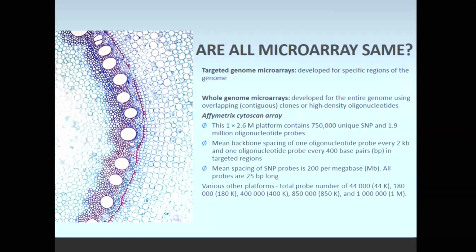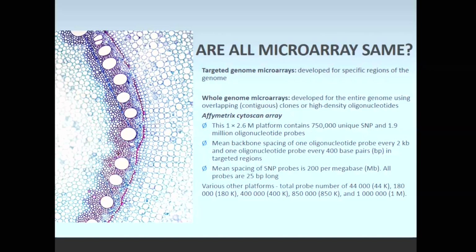So are all microarrays the same? No. There can be some targeted microarrays also. These are developed for specific regions of the genome where we know that copy number variation is reported to be pathogenic or likely pathogenic. And there are whole genome microarrays. They cover the entire genome and there are multiple probes for each region. For example, we have Cytoscan 750K.